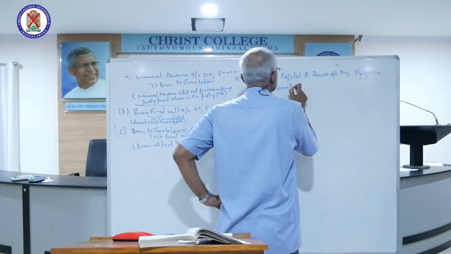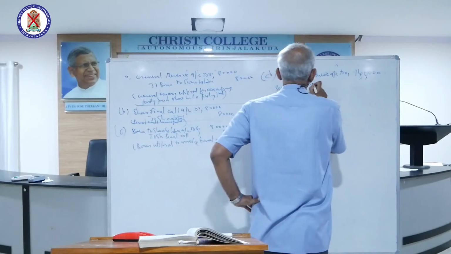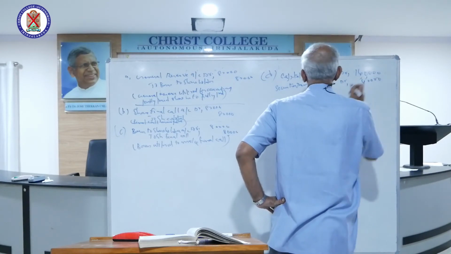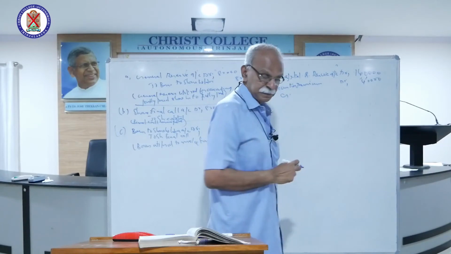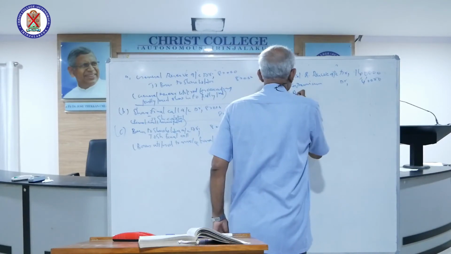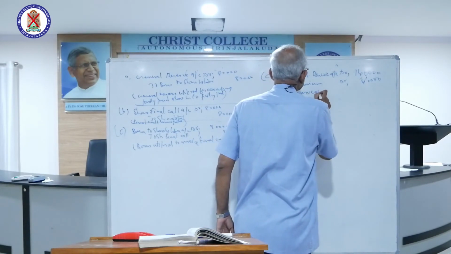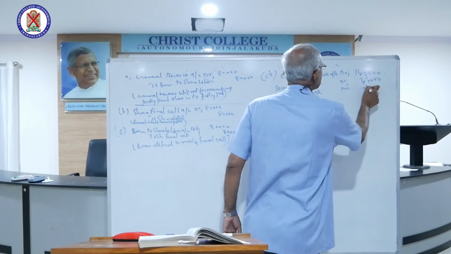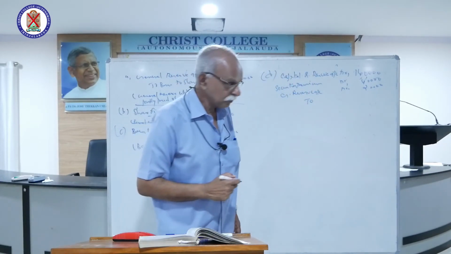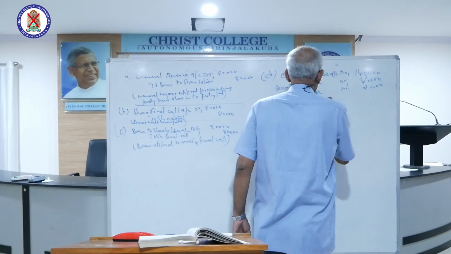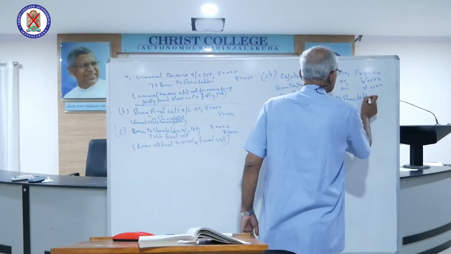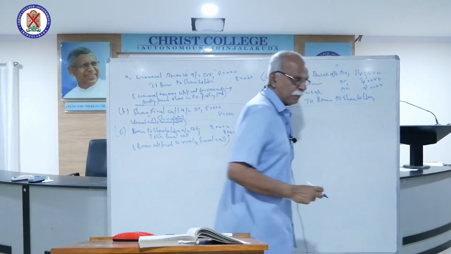Only 40,000, because that is only collected in cash. Securities premium debit 40,000. Then general reserve account debit 20,000. To bonus to shareholders 2 lakhs.